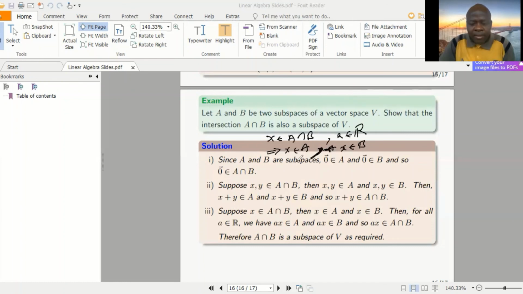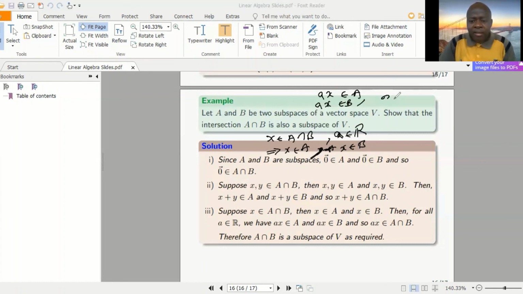So A is a subspace. It means if I multiply this scalar a by x, the result would be in A because A is a subspace. And also if I multiply a times x, the result would still be in B because B is a subspace. So ax is in A, ax is in B, so ax is common to the two sets.